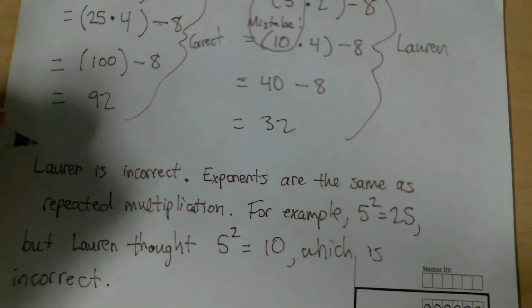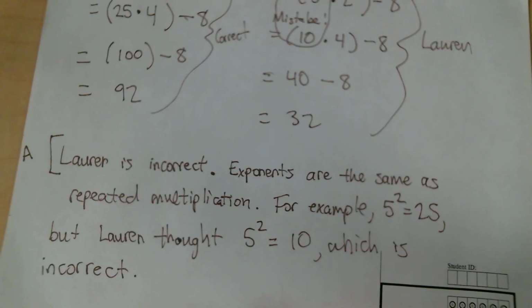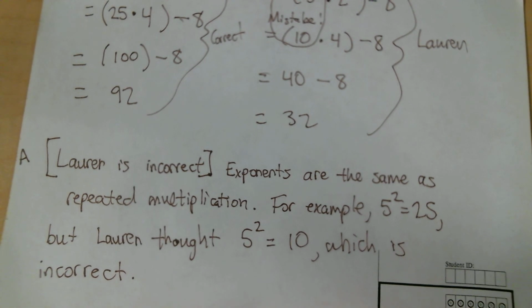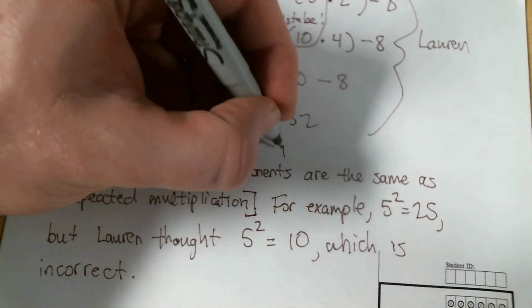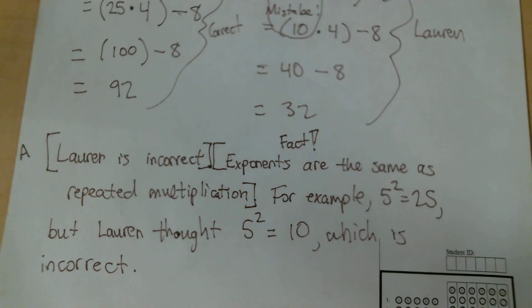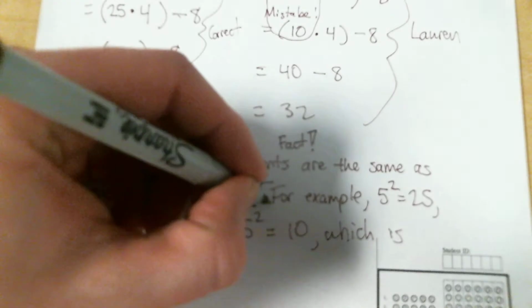So far, what do I have? I have an assertion. Lauren is incorrect. There's my assertion. But then I said exponents are the same as repeated multiplication. That would be a fact. So we've got that much. And then we have a fact and we talk about our model right here.